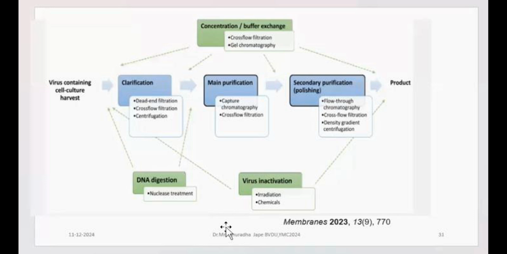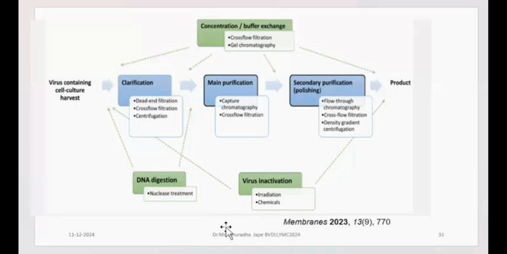When you are preparing a virus preparation, the steps are like you are going to grow that virus in cell culture, and then you go for purification.